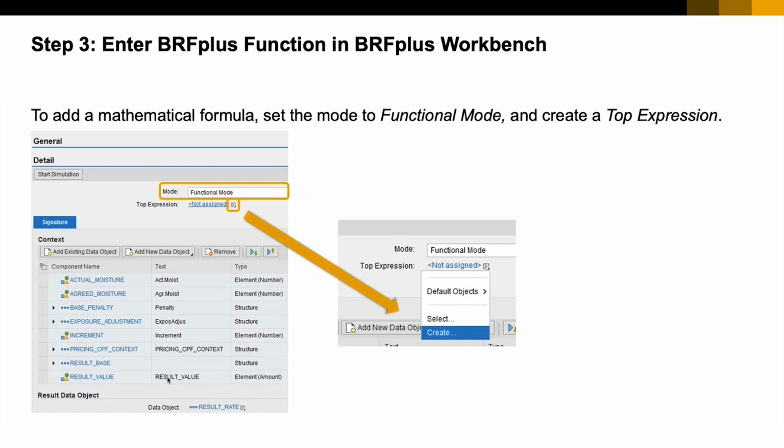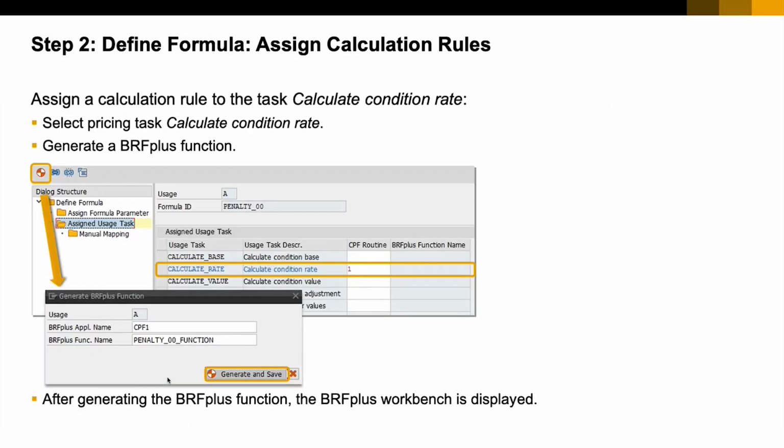If you go one level up, Nikhil, there's a manual mapping there. If you see the last node on the left side, manual mapping, you will have to map the CPF fields to the BRF Plus fields. To avoid that, it's recommended you use the same nomenclature on both the CPF side and the BRF Plus side. Yeah, thanks, Suraj.